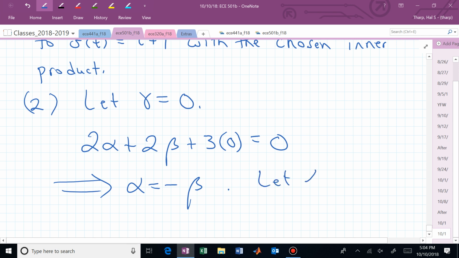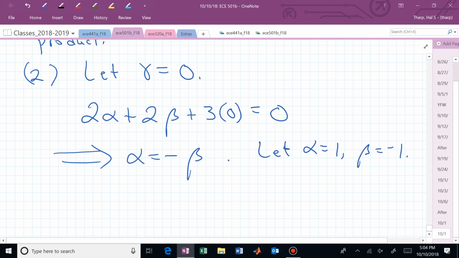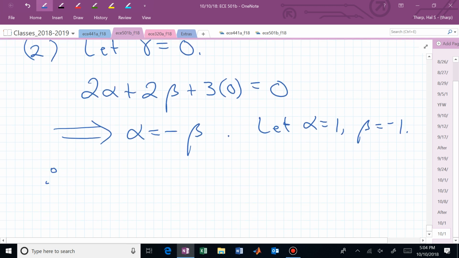So if we let alpha equal 1, beta is now minus 1, and we now have a second polynomial, a second order polynomial, W2, that's now alpha times t squared, or 1 times t squared, minus t, or now I have t minus 1.